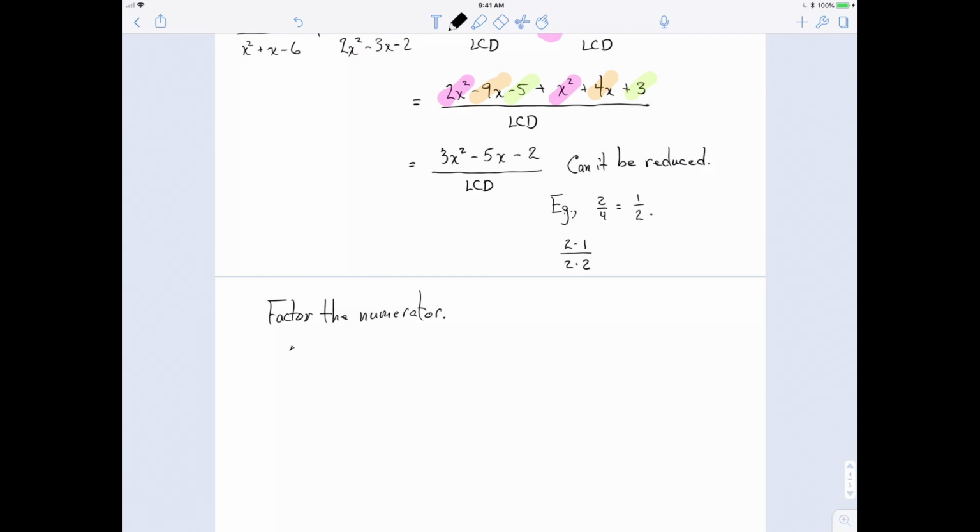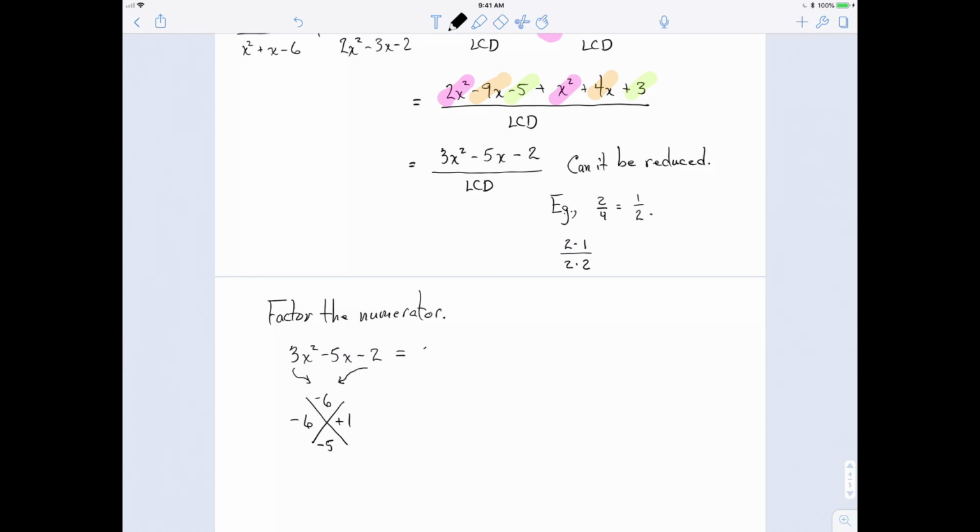So let's do this. 3x squared minus 5x minus 2. We'll play the game. So we're going to have a 3 times negative 2 in the top position, which is negative 6. And then we'll have a negative 5 in the bottom position. So I think let's go with negative 6 plus 1. Yeah, that'll work.